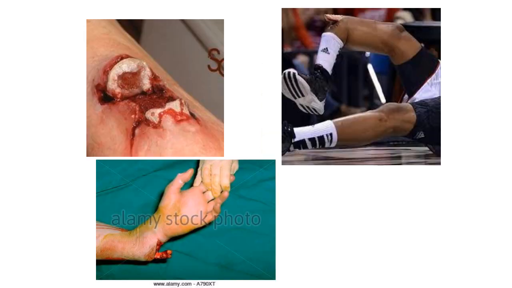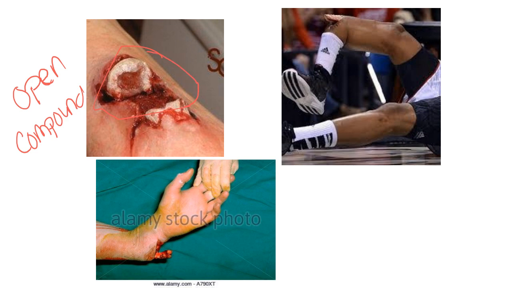Okay, so as you can see here, all of these would be examples of open or compound fractures. Again, they are compound because they have more than one issue going on. They are a compound issue. Here I have a very large open wound that I would need to contend with, with possible infection, including all the way down to the bone. This is not this gentleman's knee.